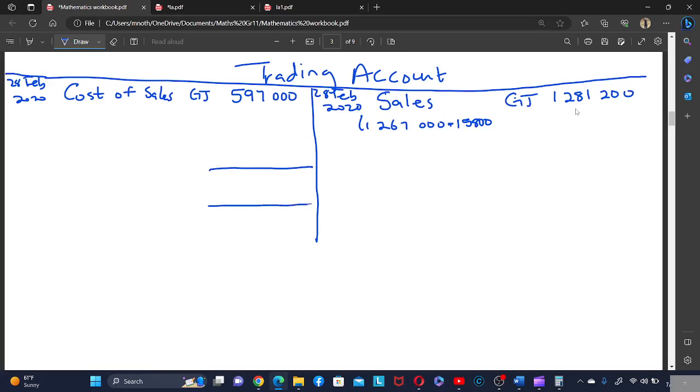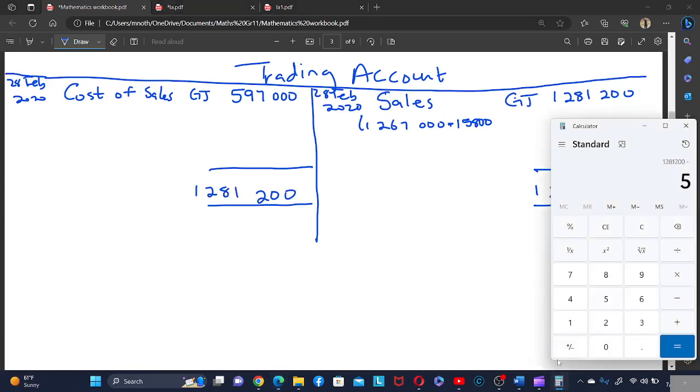Okay, now the next step is we check which side is bigger. So you can see that the bigger side is the credit side. So we equate both sides with the bigger side. Now we must find the difference.